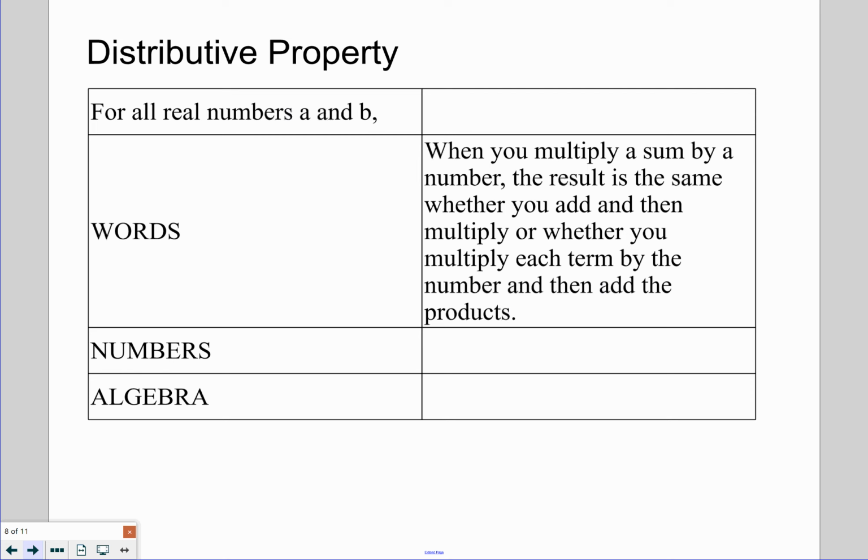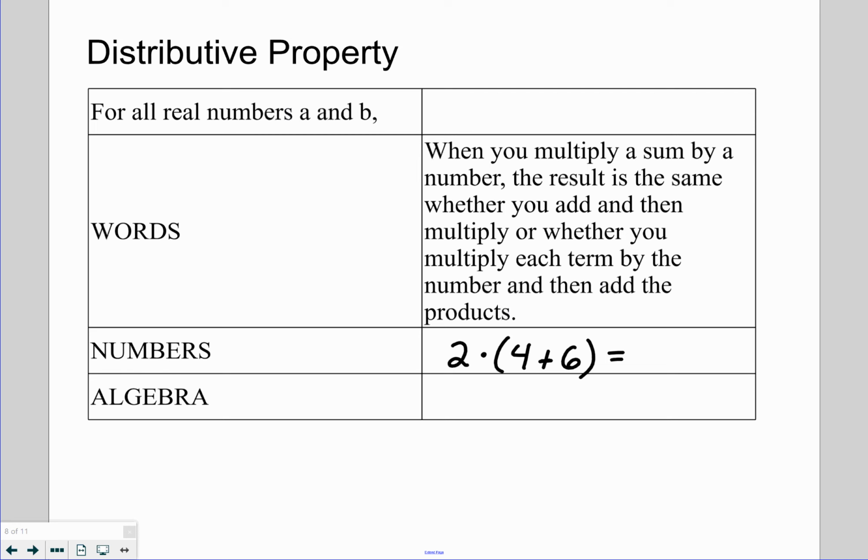Give me 3 numbers. Nathan. I love it. All right, so we have 2 times 4 plus 6. All right, now just look at this, because I think most of your brains will know what to do here. What am I going to do with this 2? I'm going to distribute it by multiplying it by the 4 and also multiplying it by the 6.